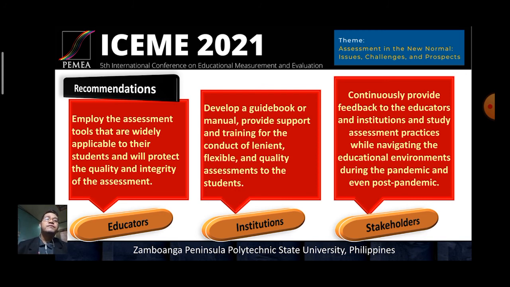So feedback and information are very important basis for the next steps, because everyone is getting confused and everyone seems to get really different feedback with the conduct of assessments, as well as study assessment practices while navigating the educational environments during this crisis.